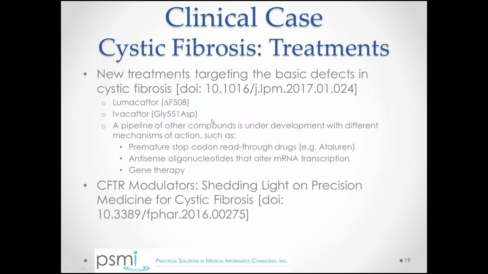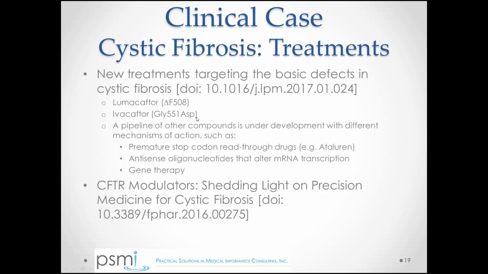There was a lot of hype about the release of ivacaftor because it was the first time we saw that a molecular treatment could be effective in a genetic disease. The history of ivacaftor is kind of interesting. The company screened thousands of small molecules, and they found that ivacaftor resulted in a conformational change.